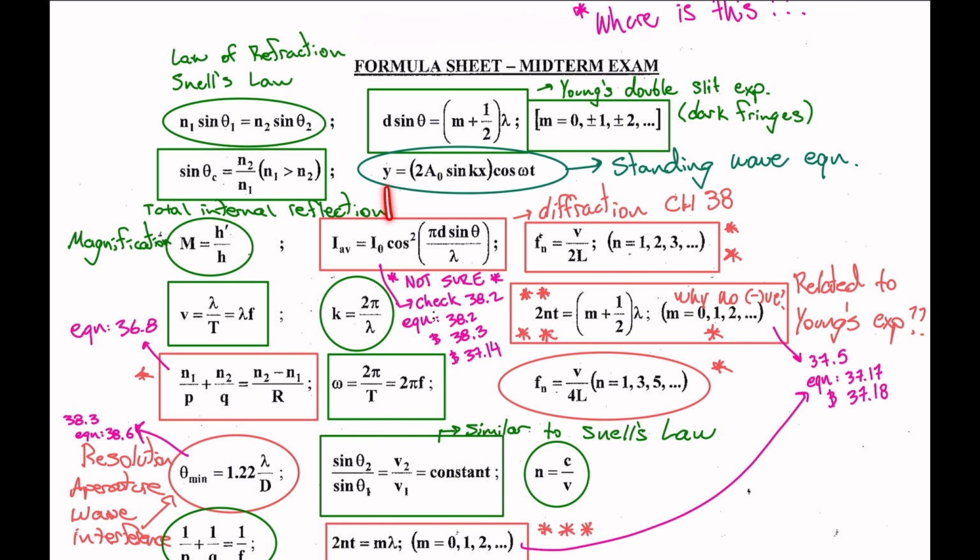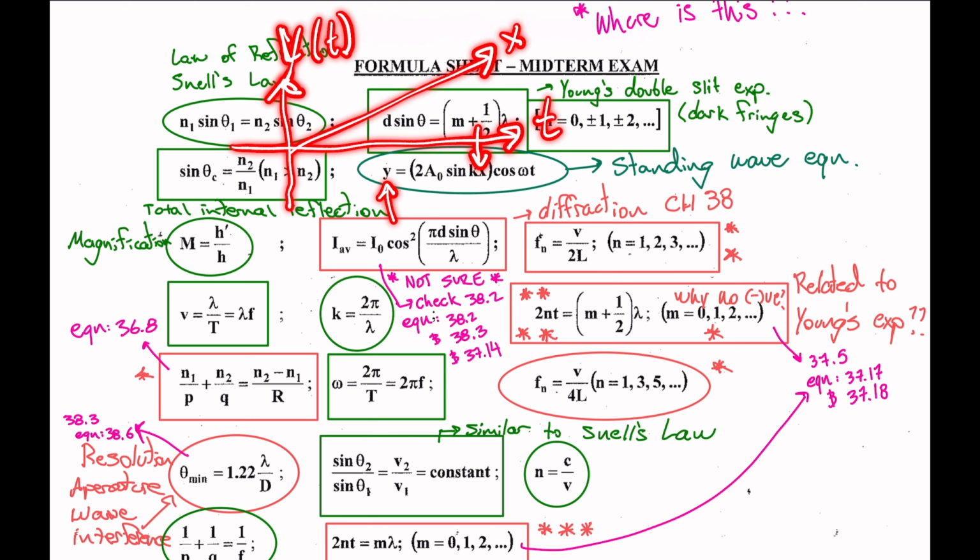I'll say right now that this is the equation that gives you the y-axis of the wave. So normally if you plot it here, maybe as a function of time. So here you have y as a function of time. Since it's a standing wave, it's also a function of position x. So you could have another axis here that's x.